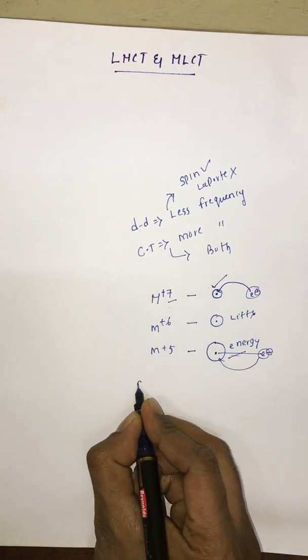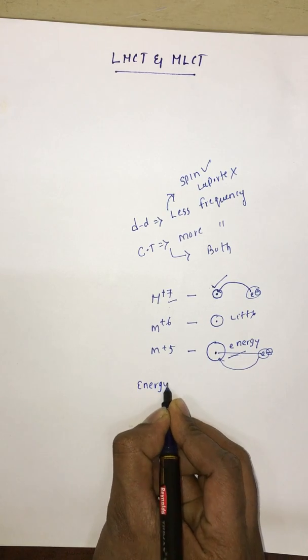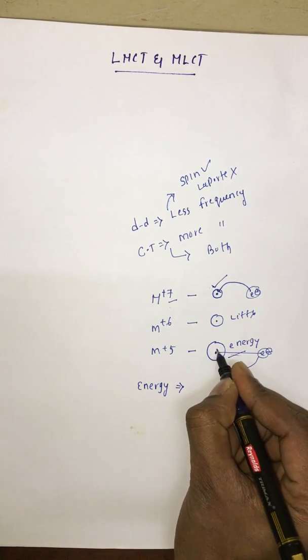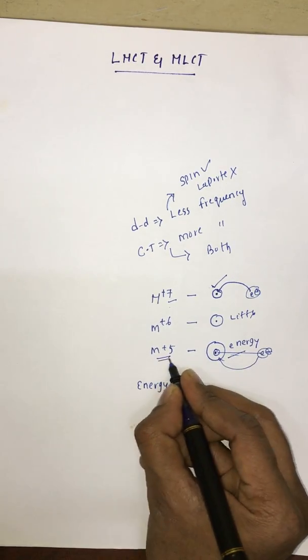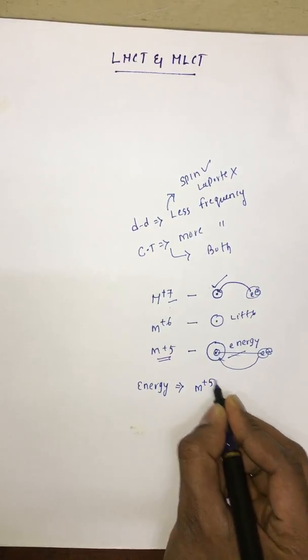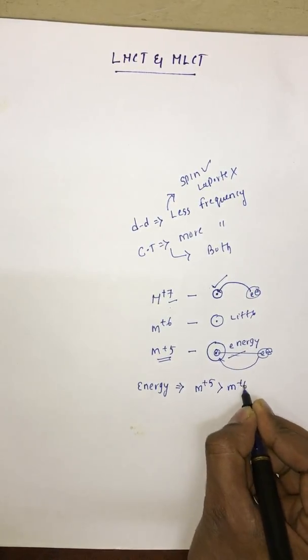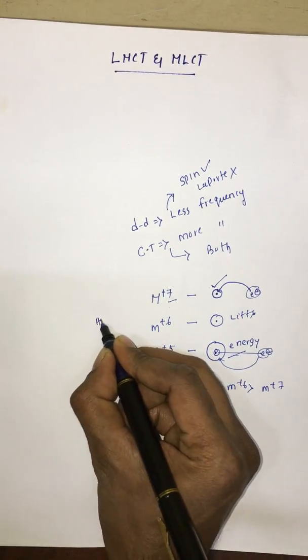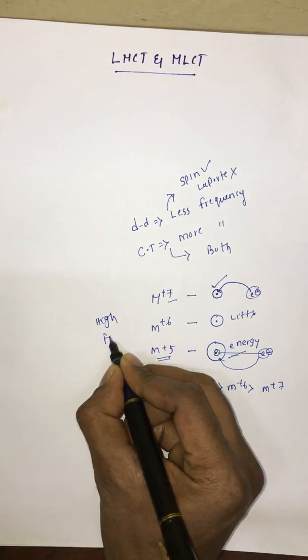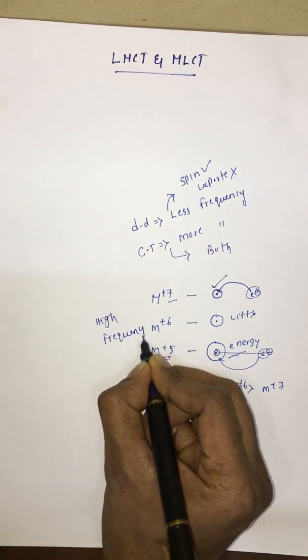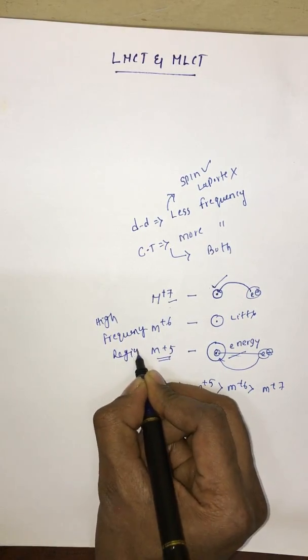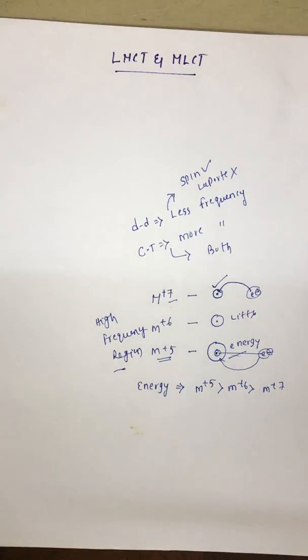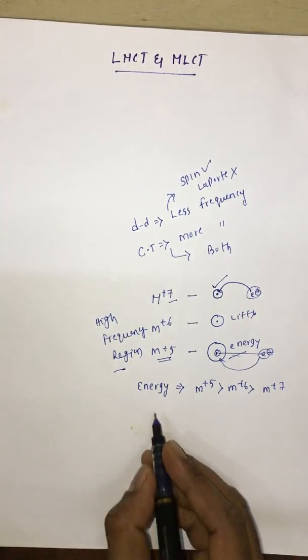So now we will arrange in the energy order. Since here we are giving some extra energy, M+5 will have more energy, then M+6, then M+7. The question is which appears at high frequency region. Among these three, which appears at high frequency region? This is the energy order.